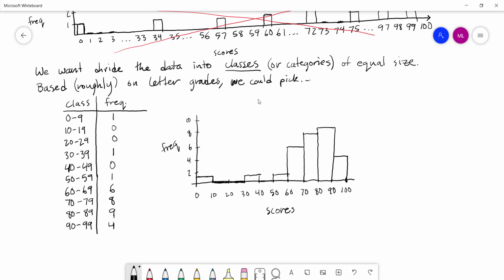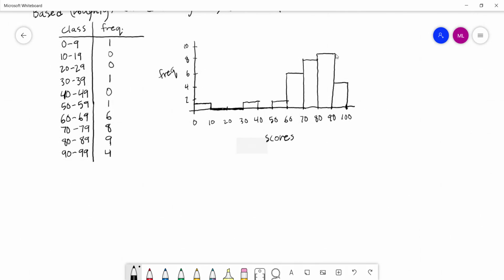So this is going to be our approach. This bar graph for our grouped quantitative data, right? We've grouped the data into our classes.